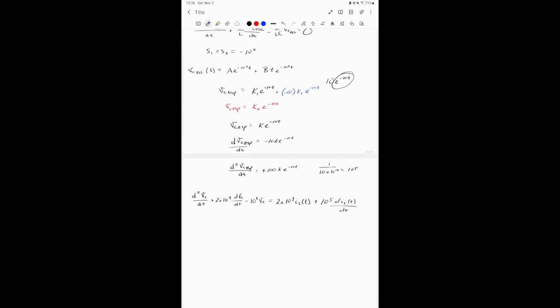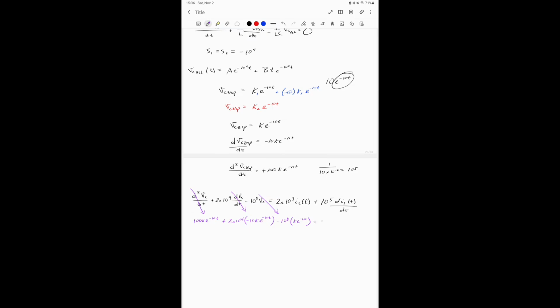So let's go downward because we're going to need all the room we can get. So this is going to be 100 K e to the negative 10t, plus 2 times 10 to the 4th times negative 10 K e to the negative 10t, and then minus 10 to the 8th times K e to the negative 10t.